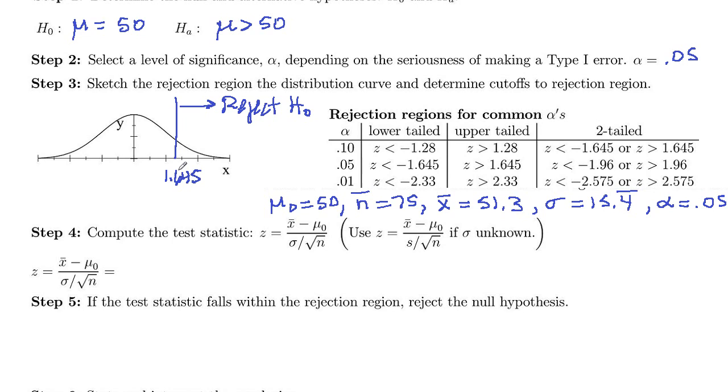That cutoff for the rejection region is called the critical value, the Z alpha value. So that's actually our Z 0.05.